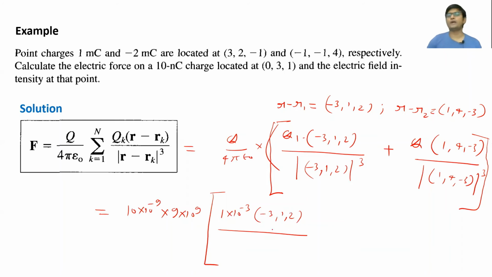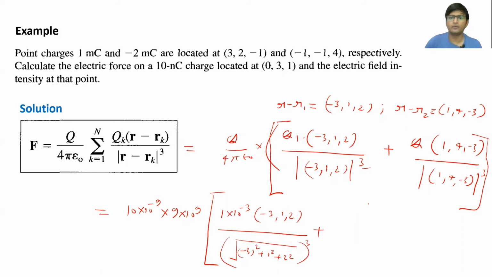Now, how would you calculate the magnitude of any particular vector? You take the sum of squares of the individual elements in the x, y, and z directions, and then take the square root. So it will be minus 3 squared plus 1 squared plus 2 squared. And since this whole thing is cubed, you will do this.